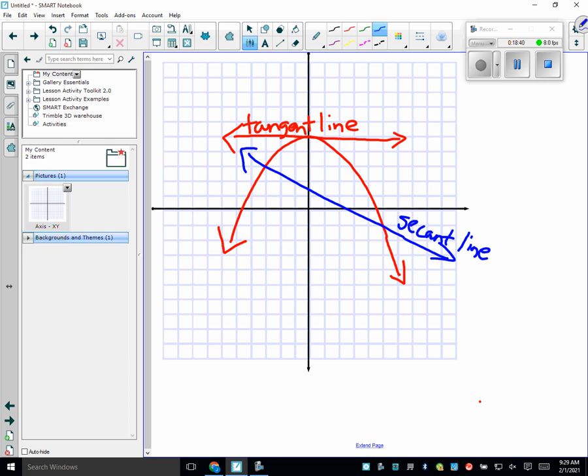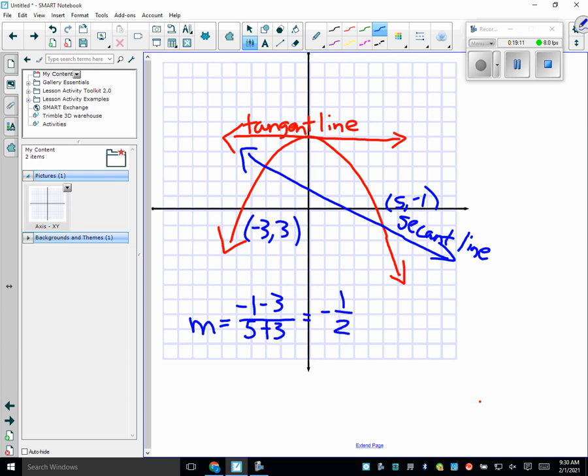That's what slope is. 1, 2, 3, 1, 2, 3. So negative 3, 3. So how do I find the slope of this line? So negative 1 minus 3. 5 plus 3.